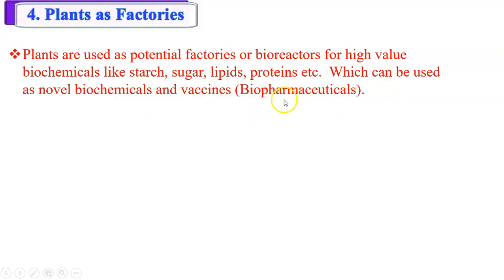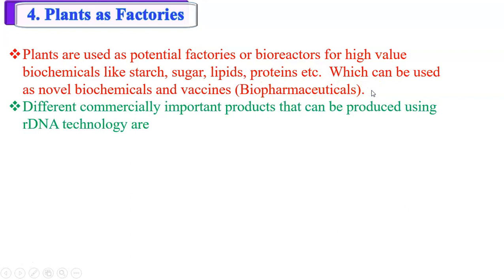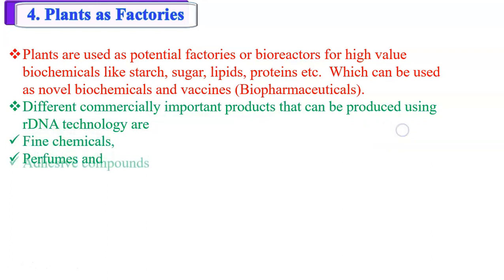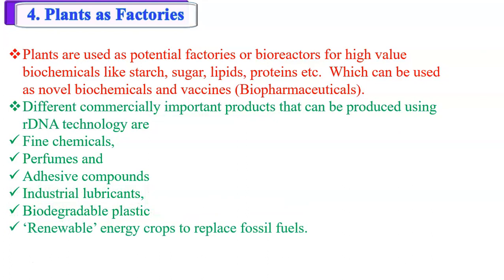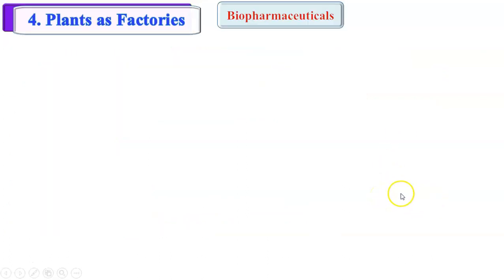Thus, they can have the status of biopharmaceuticals. Different commercially important products that can be produced using recombinant technology are fine chemicals, perfumes, adhesive compounds, industrial lubricants, biodegradable plastic, and renewable energy crop to replace the fossil fuels.